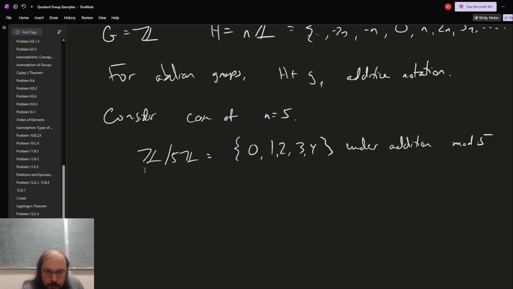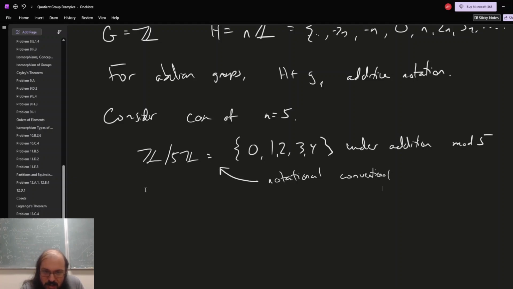On the other hand, the elements of Z mod 5Z, this is our convention, right? This equal sign here represents our notational convention, which is how I've been using this symbol.